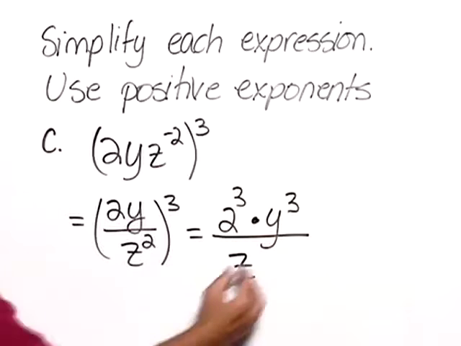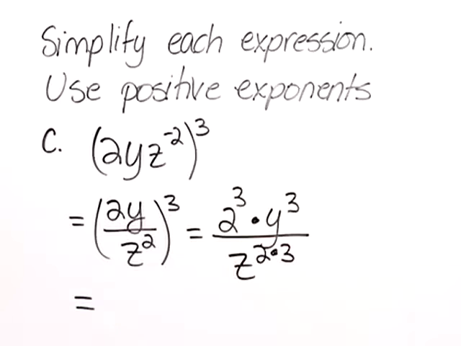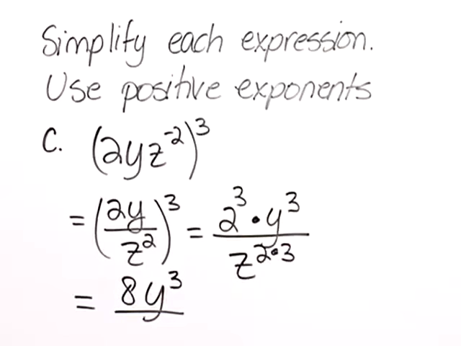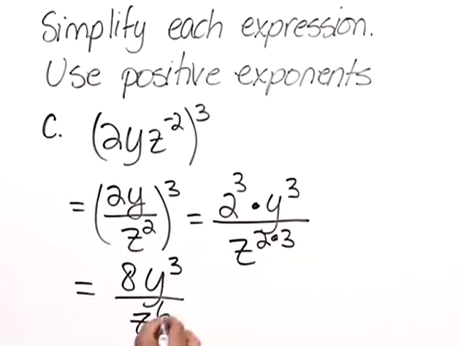So this becomes z raised to the 2 times 3. When we simplify this a little bit further, 2 cubed is 8. Y cubed remains as is, and in the denominator, 2 times 3 is 6, so we have z raised to the power of 6. So our answer is the fraction 8y cubed over z to the 6th.